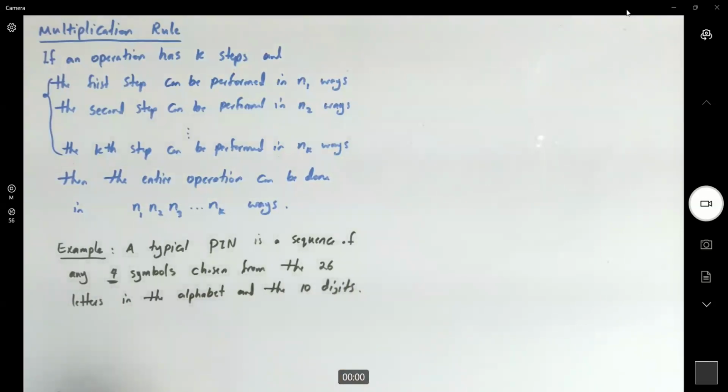How many different PINs are possible if repetition is allowed?